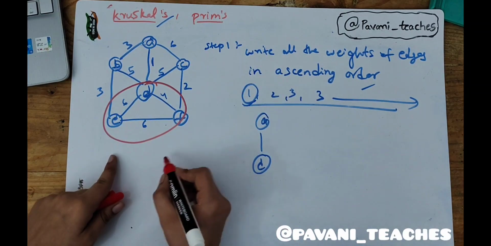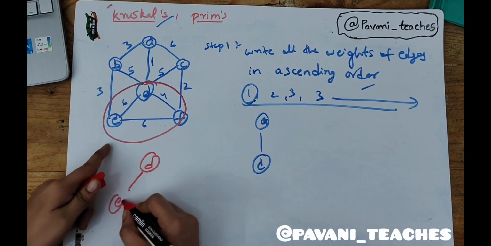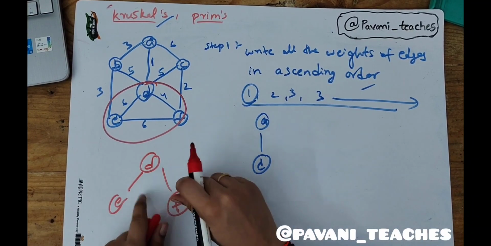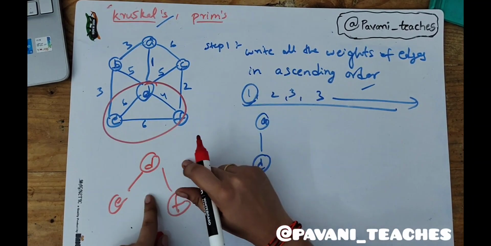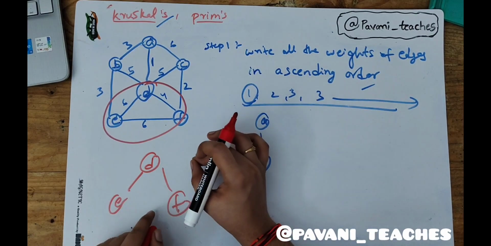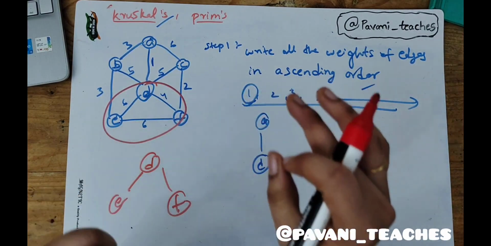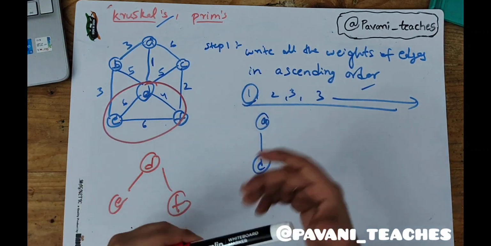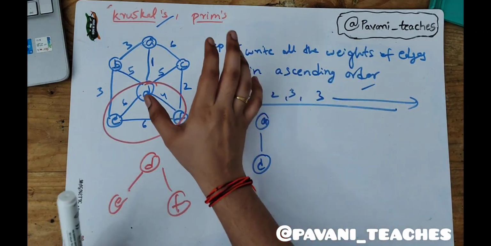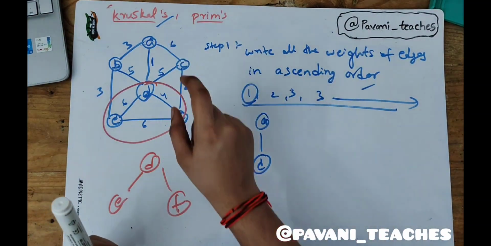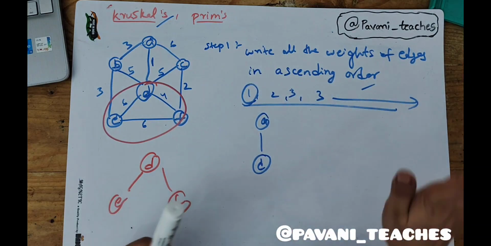The same if the graph is like D, E and F, this type of graph is not closed. It is not a cycle. It is just a spanning tree. This type of closed thing is known as a cycle. It shouldn't form cycles while connecting the edges from the ascending order. That was step two.